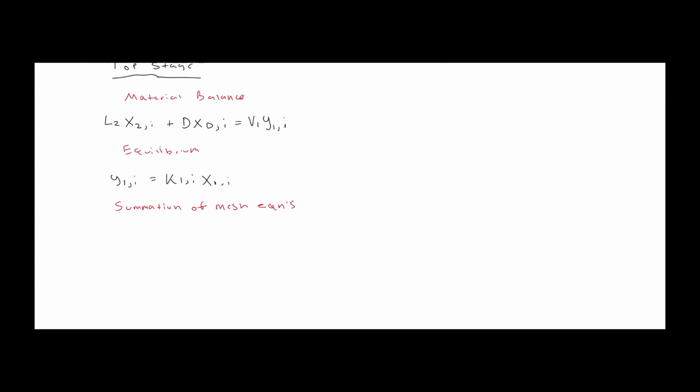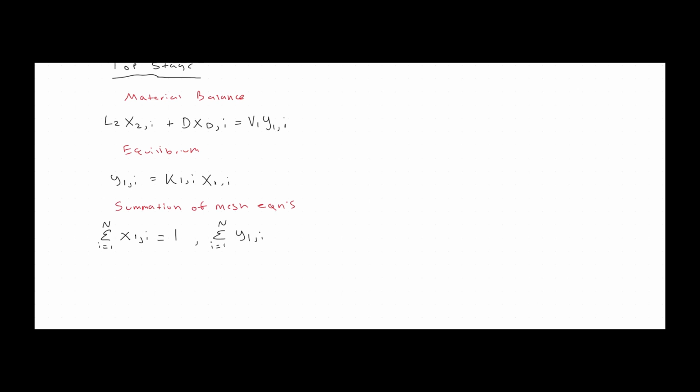So let's look first at the summation for our liquid composition at stage one for component i, and this will equal one. Now for our vapor composition, again, the summation over component i equals one of our vapor composition at stage one for component i, and this will equal one.